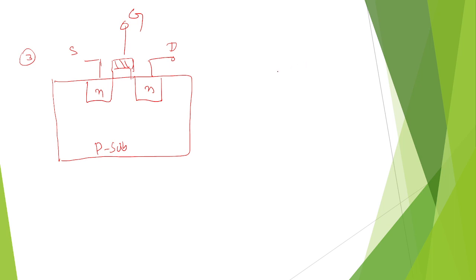Here the two conditions: VGS, the voltage between gate and source, is sufficient, for example 2 volts, and the threshold voltage for the transistor is 0.6. Condition 1 is satisfied, VGS is greater than VT. Of course the channel is already there between source and drain because it is a depletion mode transistor.